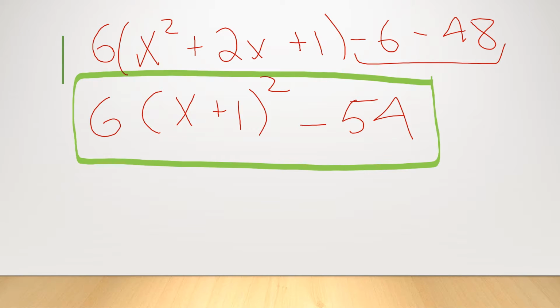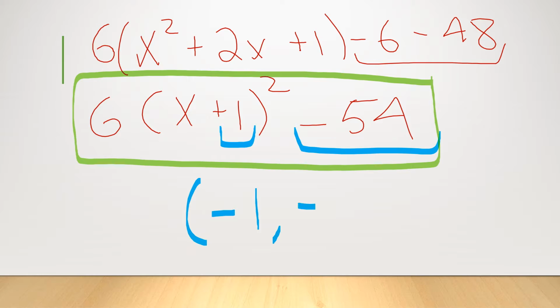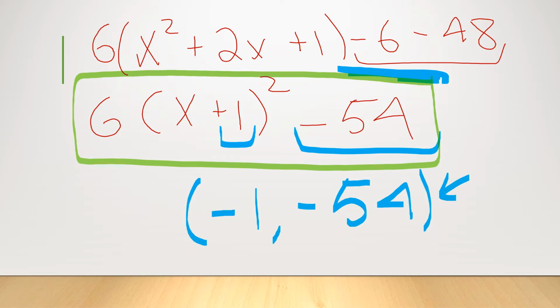If you wanted the vertex from this, you could get that easily by looking at the h and k and seeing that it's negative 1, negative 54. So that is the vertex, and this right here is the answer.